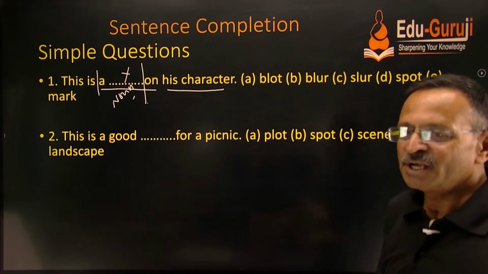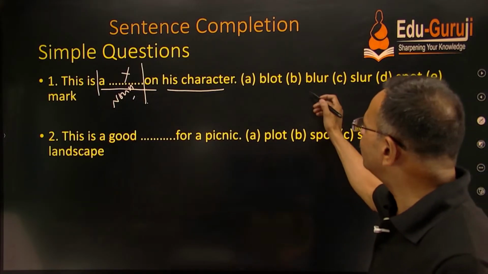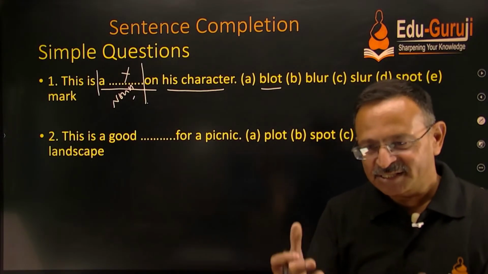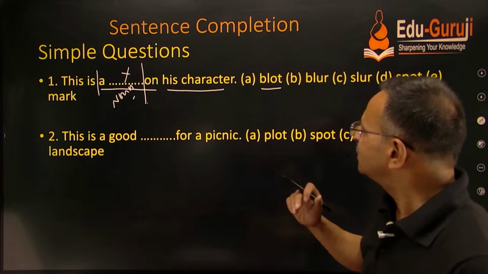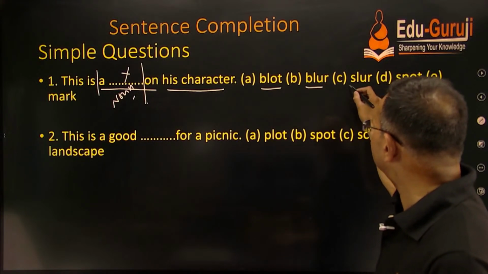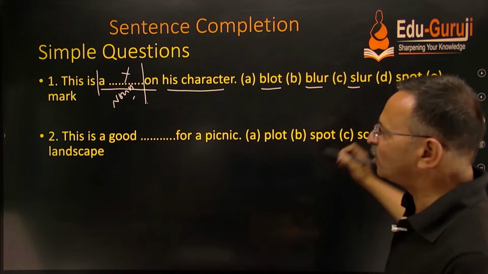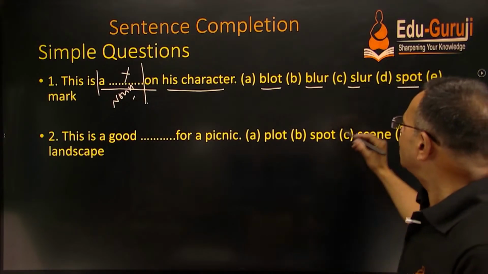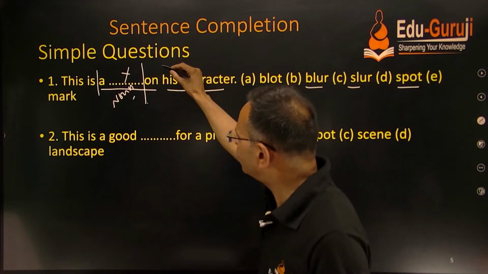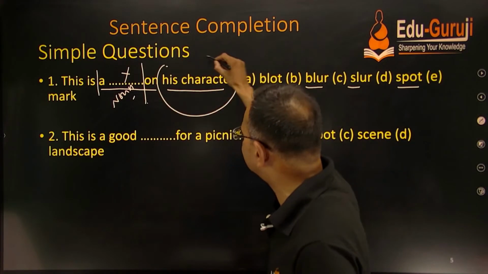I'm sure this is a very common word which is coming, blot. But is it the fact? Can we put it here? Blot. Then you have a blur, and then you have a slur, and then you have a spot. So obviously, on his character, one of the important things we are talking about is his character.